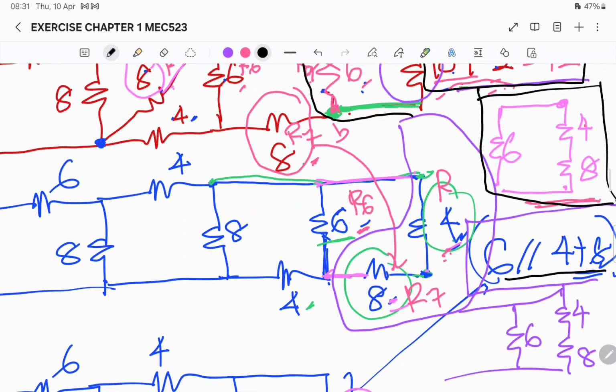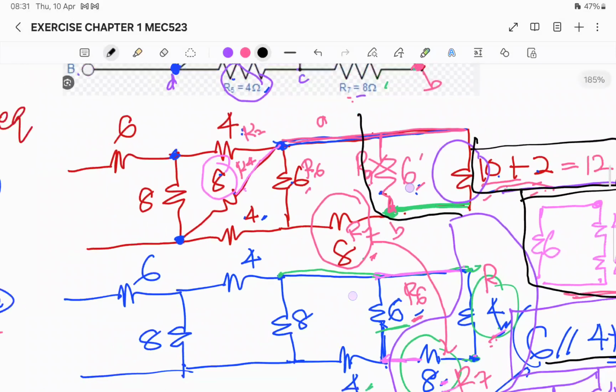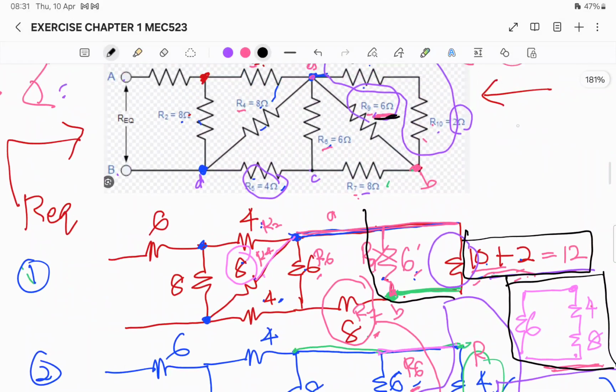Let me press the calculator. 4 and 8 make 12. 12 with 6, 1/6, 1/12. Or if you have 2 resistors, you can cross multiply: R1 times R2 over R1 plus R2. This is only for 2 resistors.